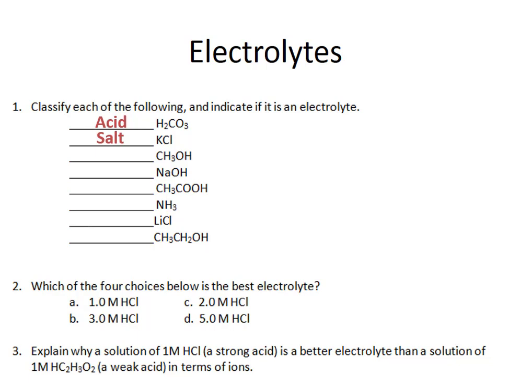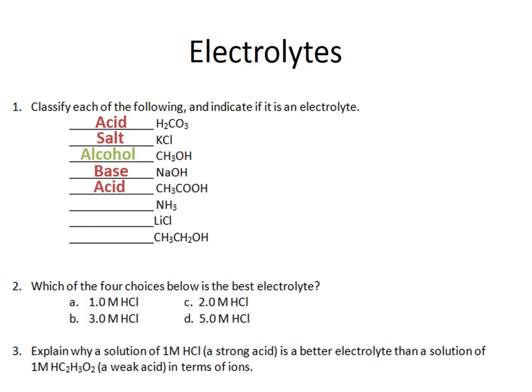CH3OH we know is an alcohol, which is not an electrolyte. NaOH we know is sodium hydroxide. Sodium hydroxide we know is a base, so we know that's an electrolyte. CH3COOH, the carboxyl group, we know that that's ethanoic acid, and that's a weak acid. We're going to talk more about that in a little while.